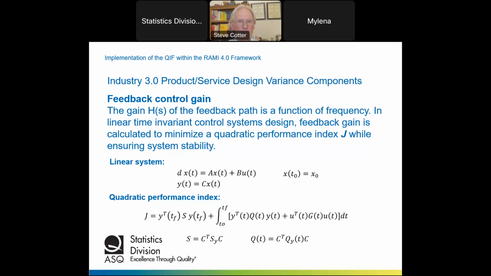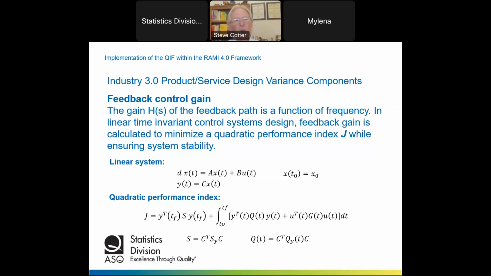But this is typical state space, so without the plus DUT, it's more of a deterministic representation, which allows simplification in development of control theory. The quadratic performance index J is Y transpose, the transfer S, Y transpose.